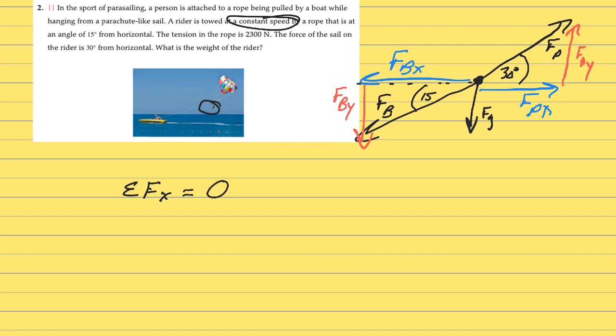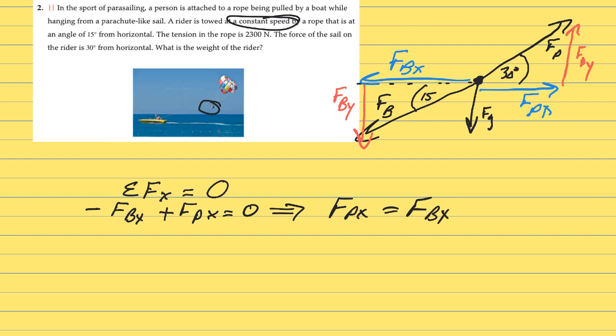So the one force we have is negative force of the boat in the x direction plus the force of the parachute in the x direction equals 0, which would turn into force of the parachute in the x direction equals the force of the boat in the x direction.